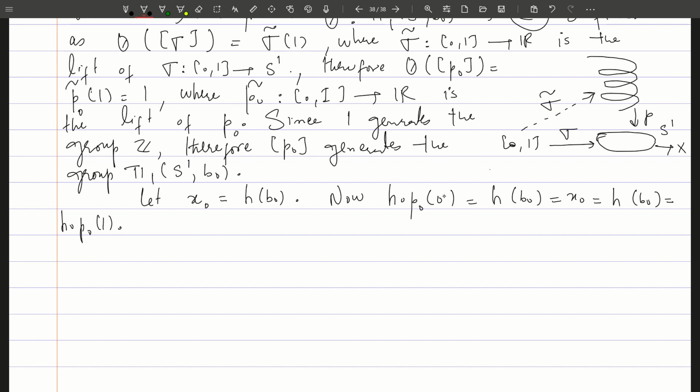So this means the composite map h composite p naught is a loop. Therefore the map f, let us call this f, which is the composition of these two maps, is a loop in X based at x naught.